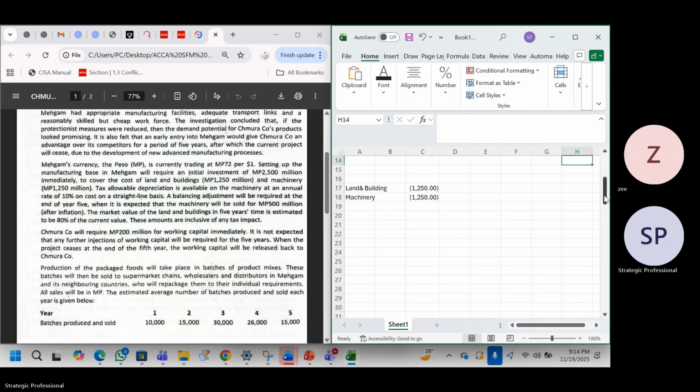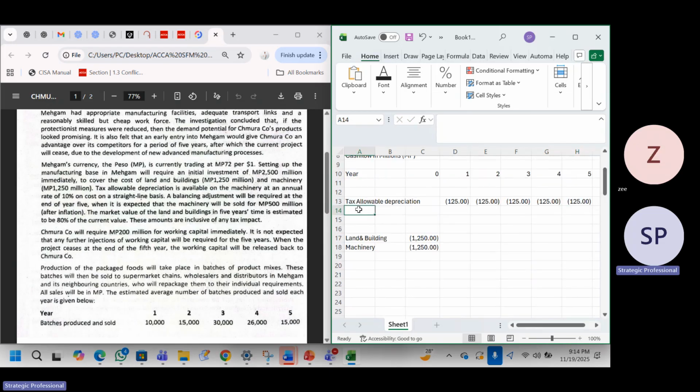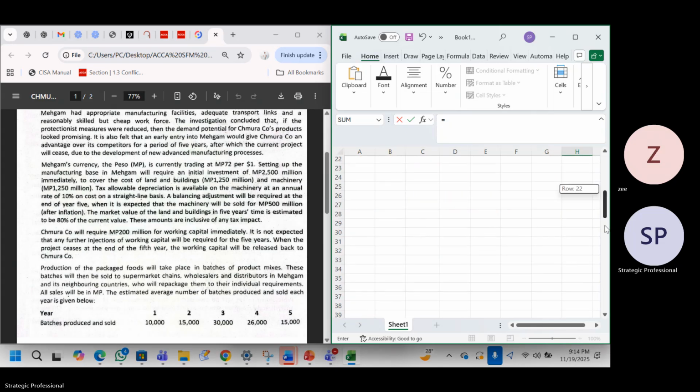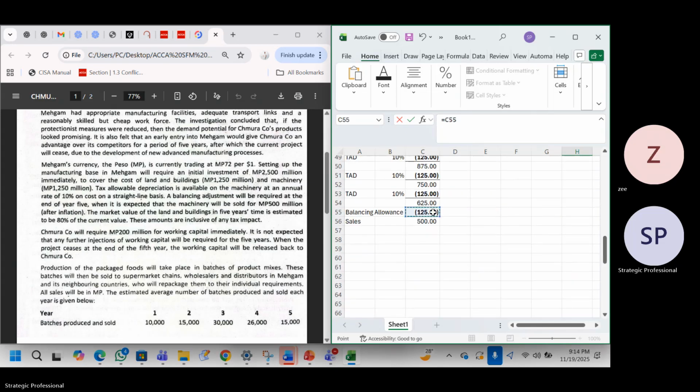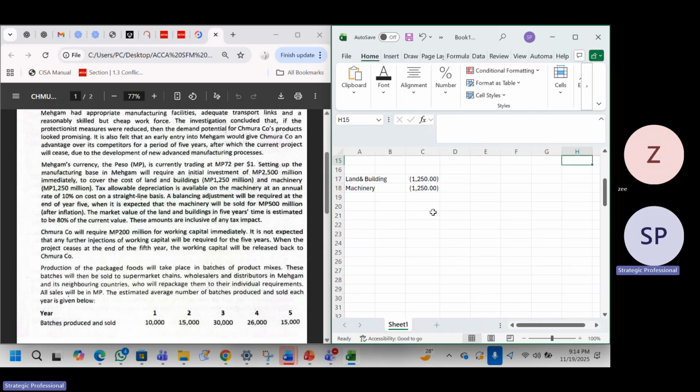And don't forget too, there's also a balancing allowance. You might add it with your year five as the sale position, but so that you know what you are doing, you want to break everything down for them. So you can come here, balancing allowance also, right? So that's that about that. Let's move on.